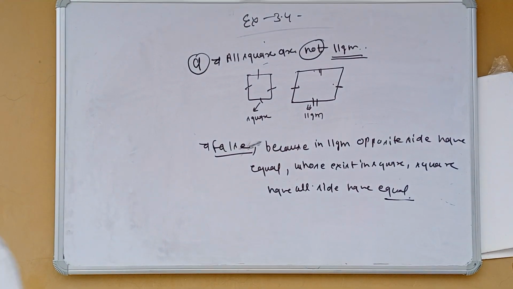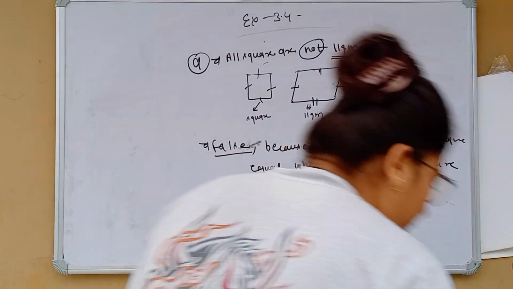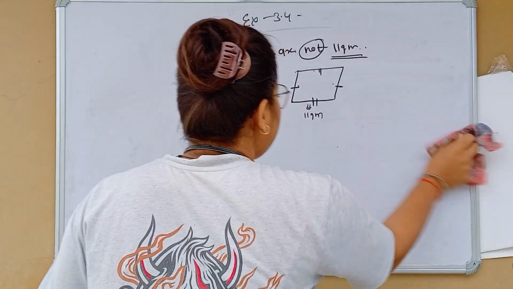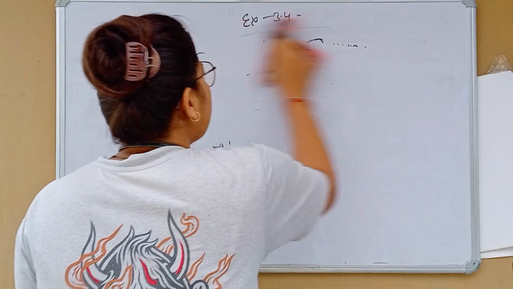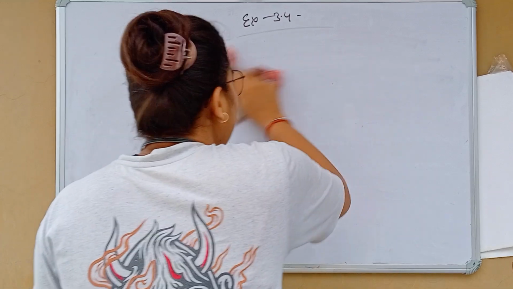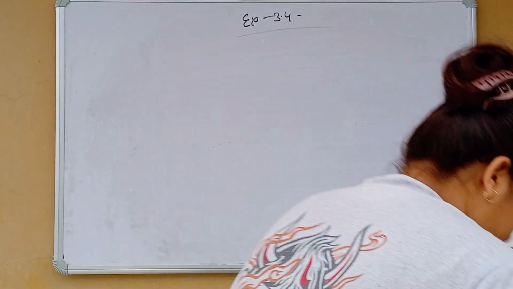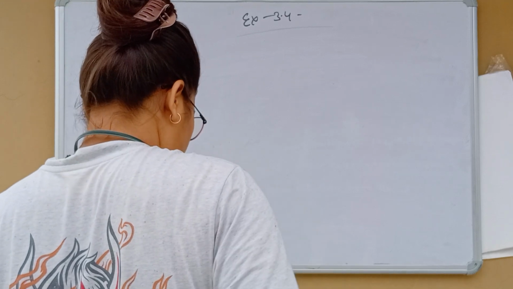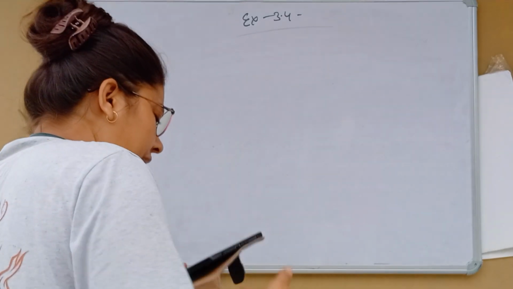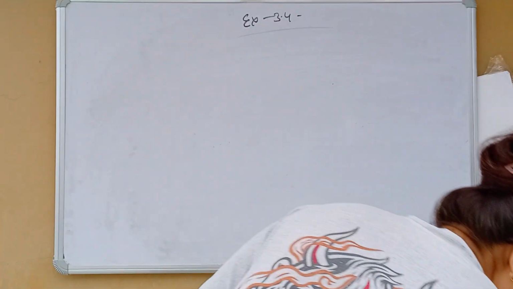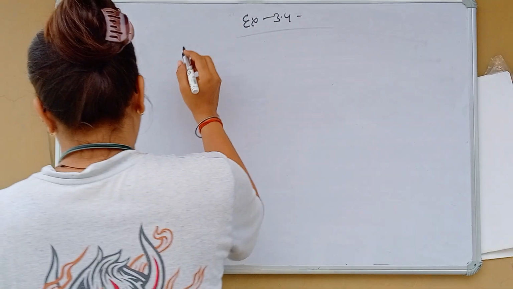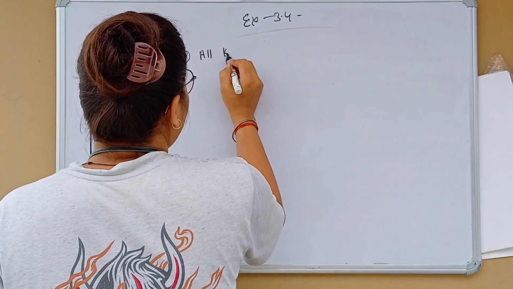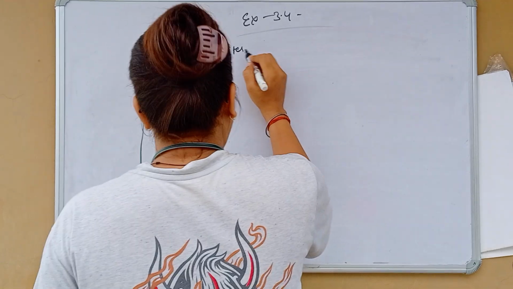Okay, so now we discuss the next question. Question number E. Question number E says all kites are rhombus.